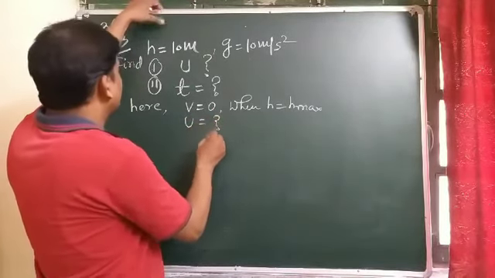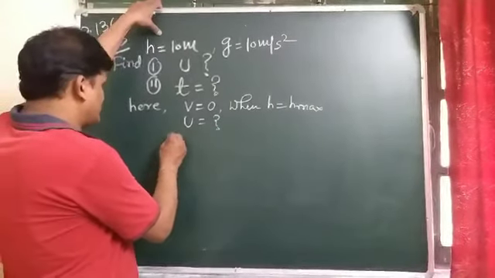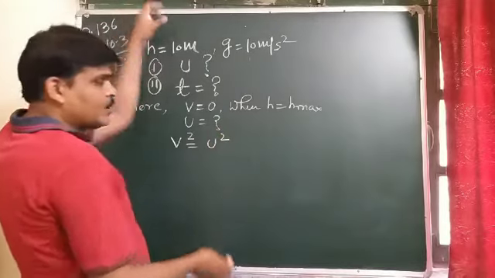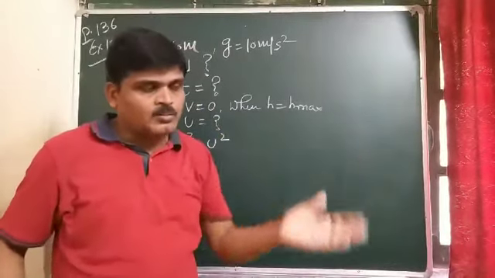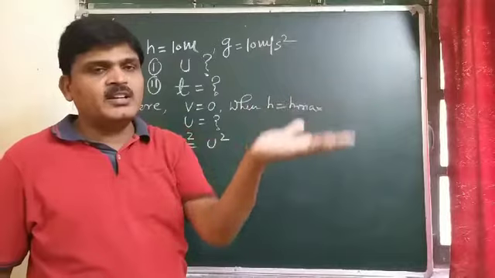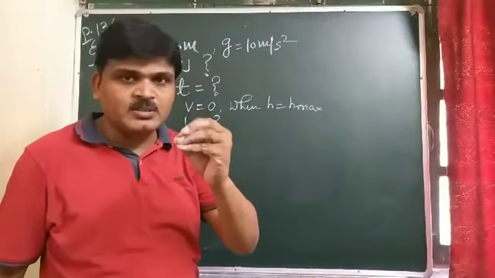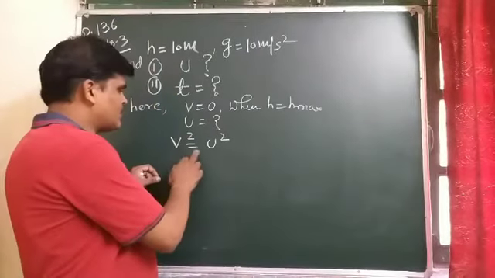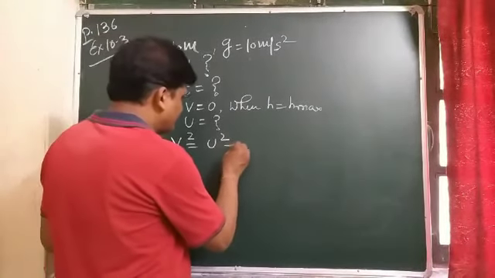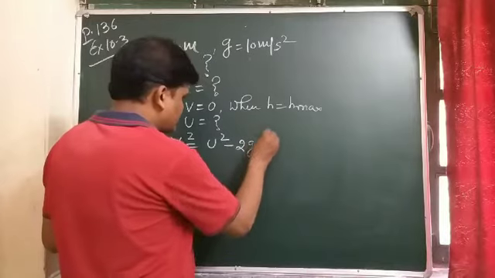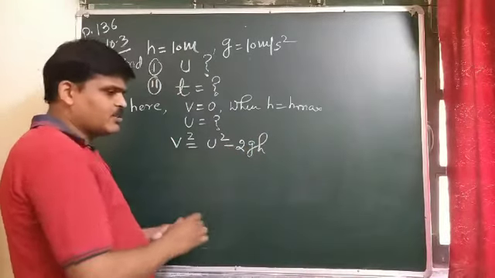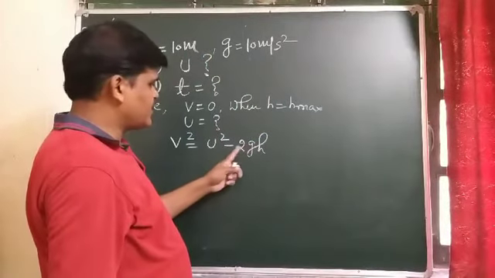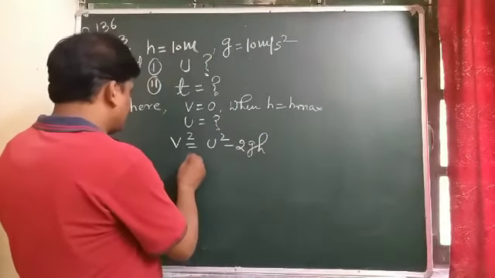Student, you know the formula v square equal to u square. Now the object is thrown vertically upward, so g, acceleration due to gravity, is taken negative. So we use the formula v square equal to u square minus 2gs. This minus is taken because the object is thrown vertically upward.